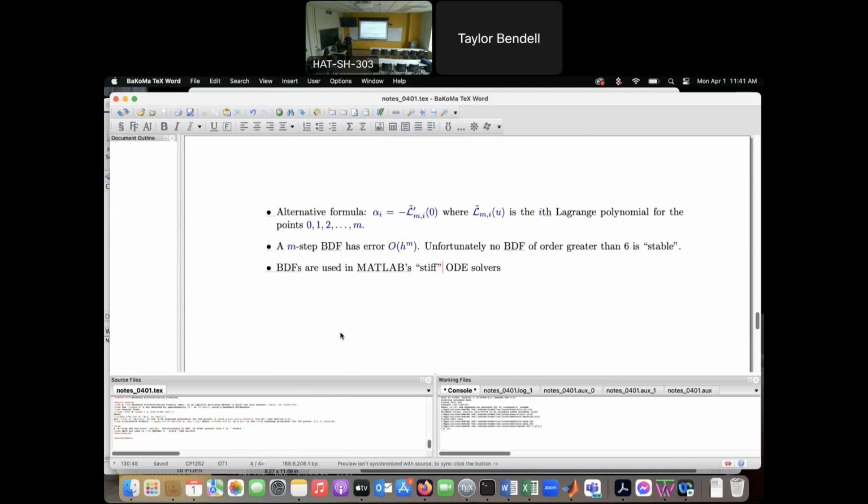Whereas some of MATLAB's non-stiff ODE solvers will use Runge-Kutta methods. So that's the story on multistep methods.